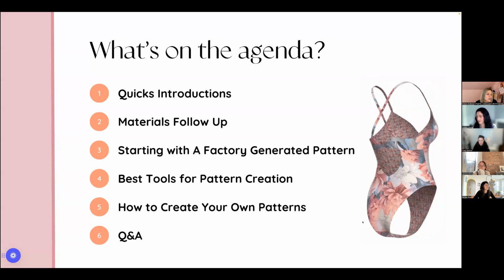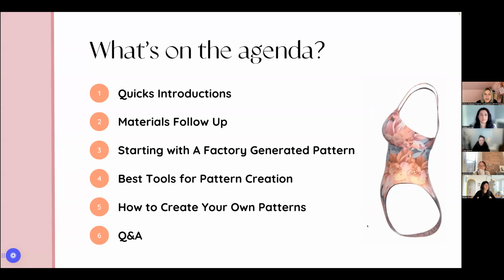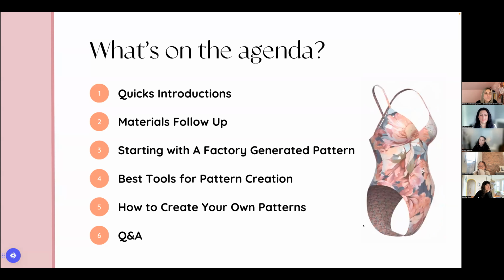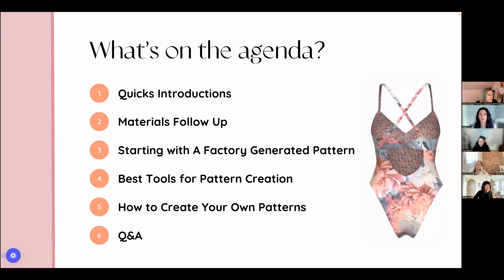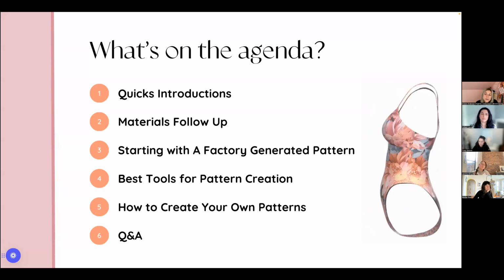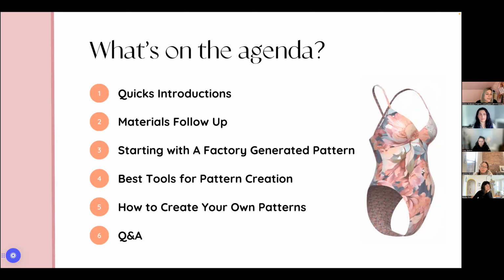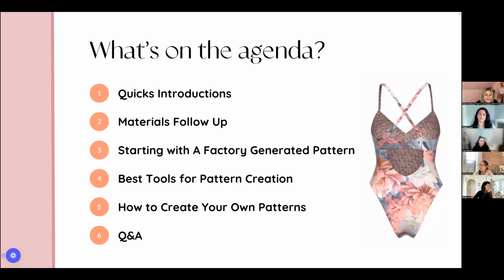Then we'll talk about how to start with a factory generated pattern and how to import it into Clo and work with it. And then we're going to talk about the best tools for pattern creation and how to create your own patterns, where to find them, things like that. And then we'll have a little Q&A section at the end.